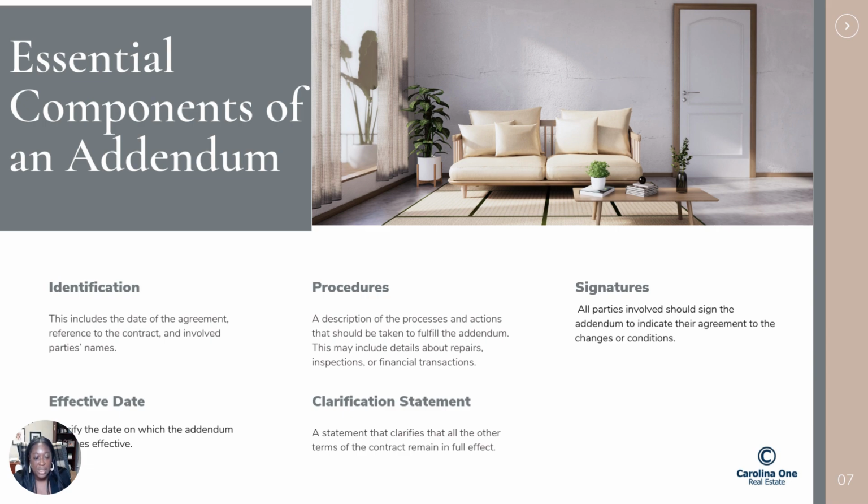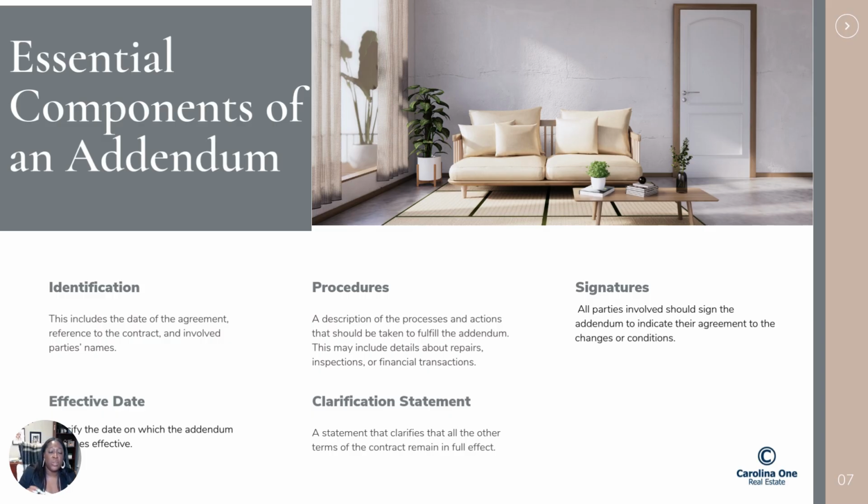You don't want this addendum to be taken as modifying the original terms and conditions that you've already agreed upon. So we usually say in the addendum that the terms and conditions of the original contract remain in full effect.